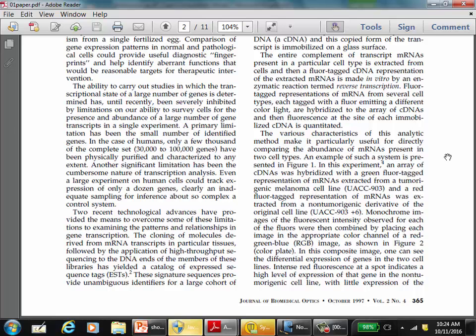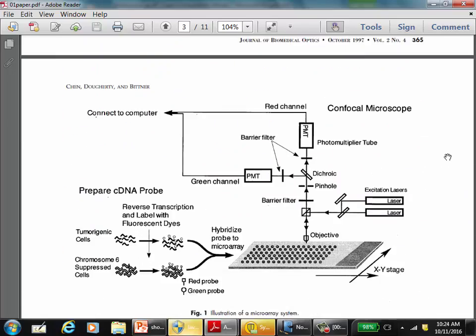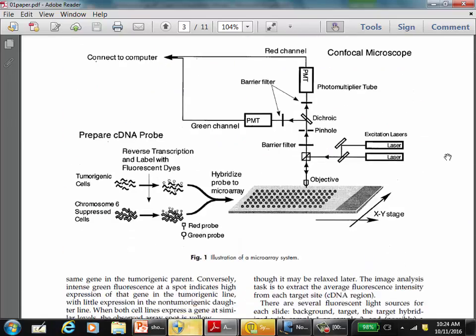And then there is this slide for the microarray, the slide preparation. So, illustration of a microarray system, all right. So you're going to have these probes on the different locations. I already explained that before, all right.